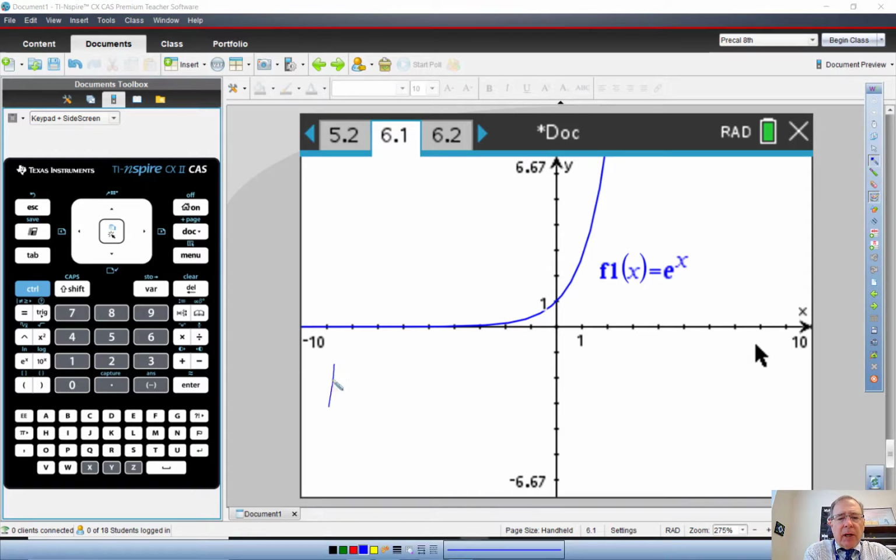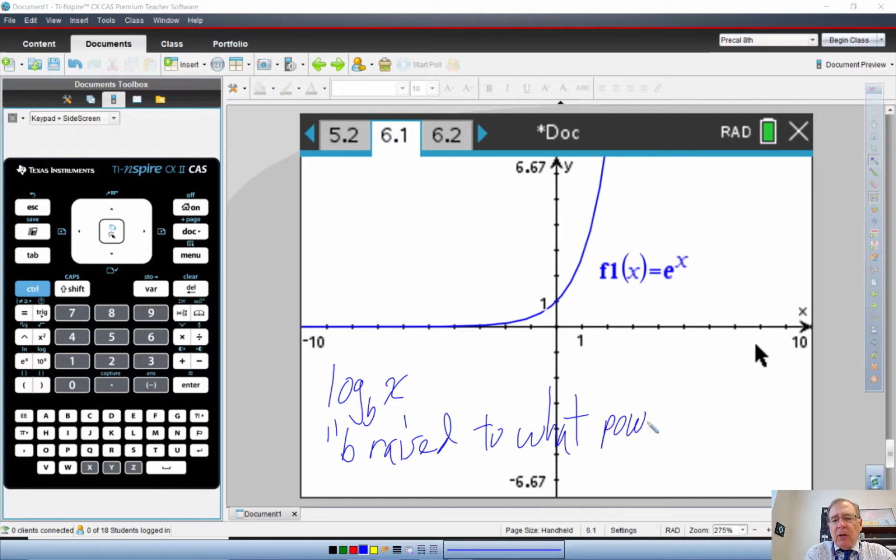So the way to think about log base b of x, this asks the question, b raised to what power equals x?